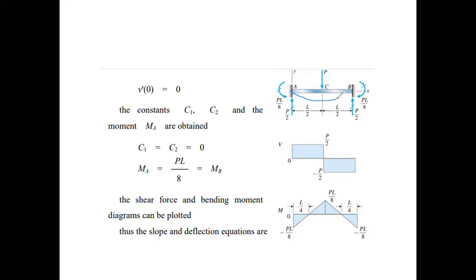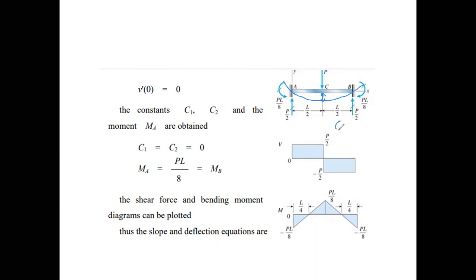So on the application of downward load P at the midspan, the deflection curve for this beam will be somewhere like this. And this will be the maximum deflection, and the maximum deflection will occur under the load, and the load is acting at a distance L by 2.